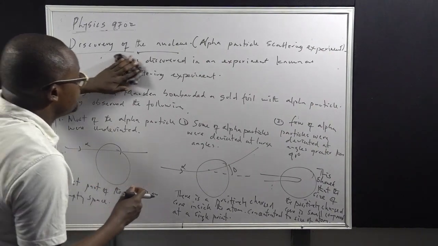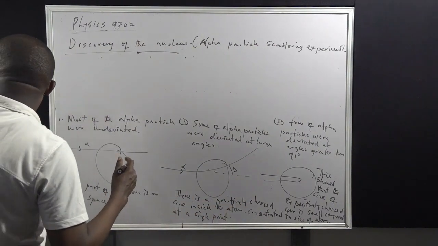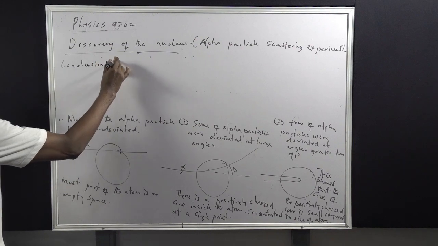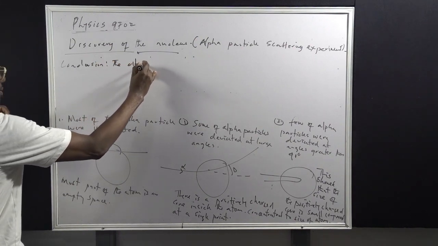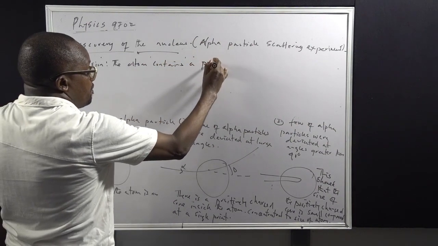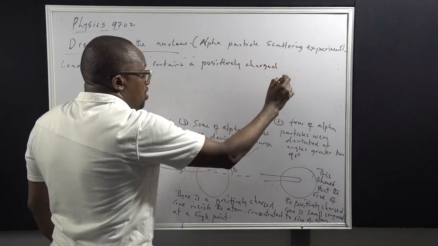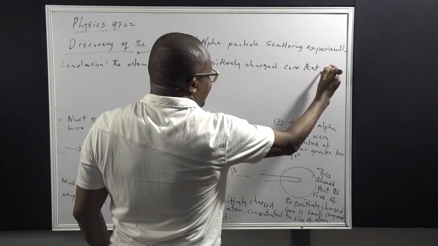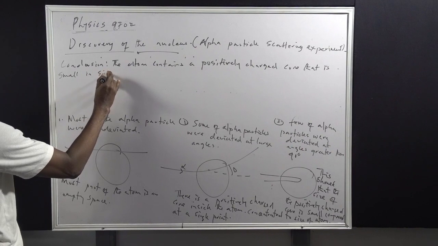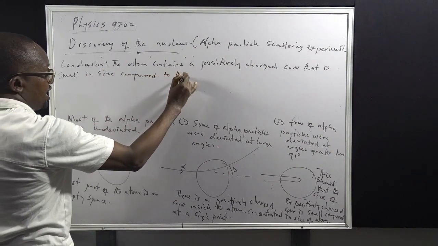In conclusion, the conclusion of this experiment, the atom contains a positively charged core that is small in size compared to the size of the atom.